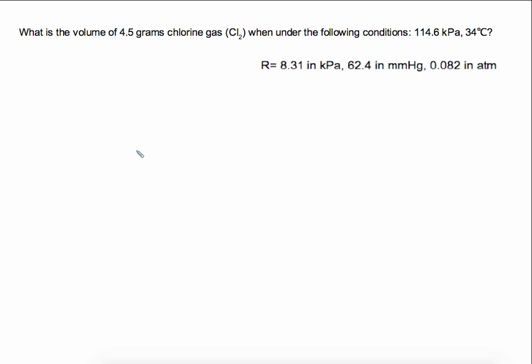So, number 2. What is the volume of 4.5 grams of chlorine gas under the following conditions: 114.6 kilopascals and 34 degrees Celsius? All right, why don't you pause the video here, and I want you to see what variables you can identify in the PV = nRT.